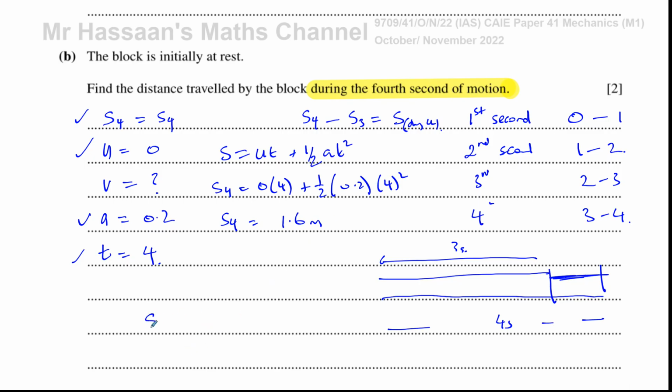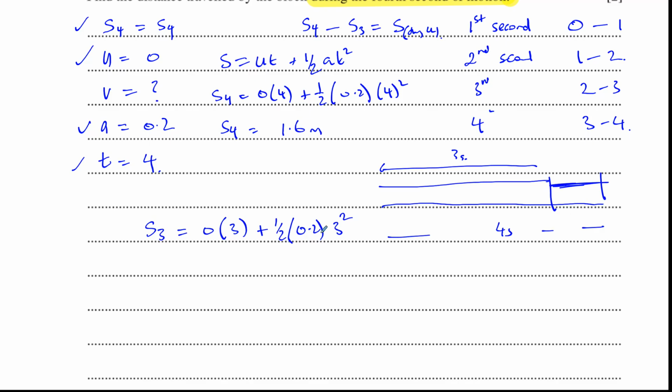And if you want to find S3, well, S3 is going to be 0 times the time, which is 3, plus a half times acceleration, which is 0.2 times 3 squared. So that's going to be 0 plus 0.1 times 9, which is 0.9.